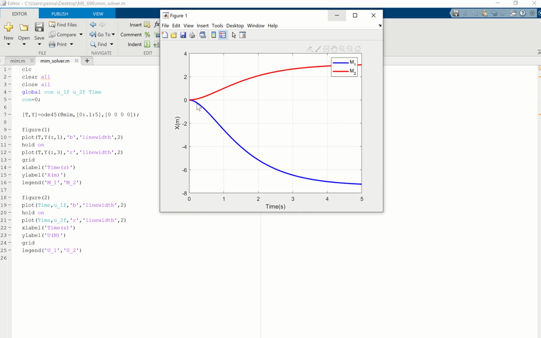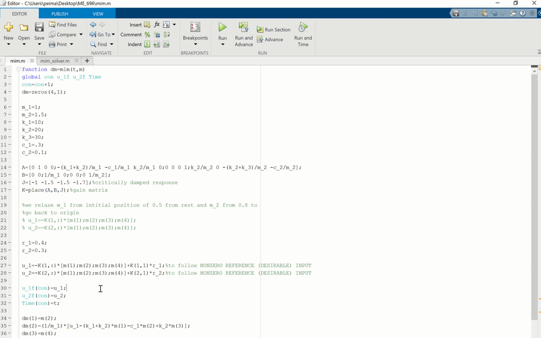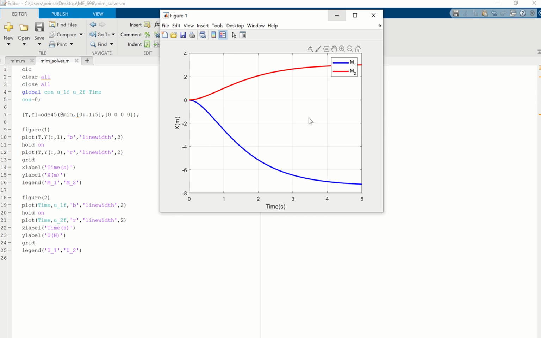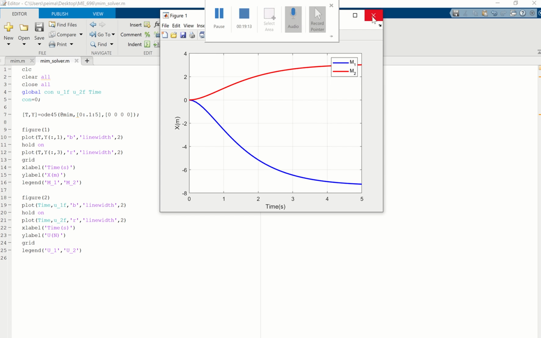It pushes the first one to, look here guys, it must be 0.4 and 0.3, that's right, but it pushes the first one to 10 times of that, and it's -6. That's funny.